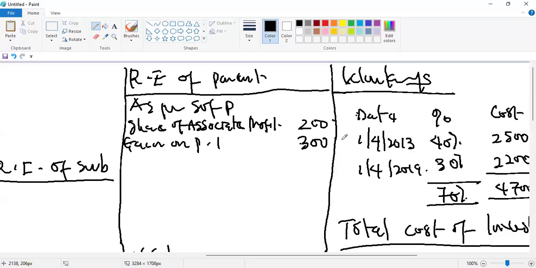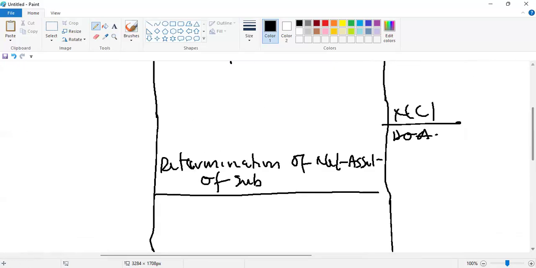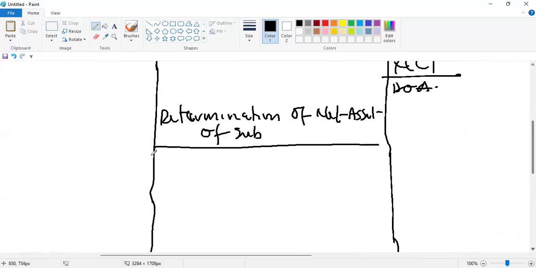As at the date of acquisition, I'll go there. What is the net asset? I'll go there. Also items: DOA, DOC, and post.